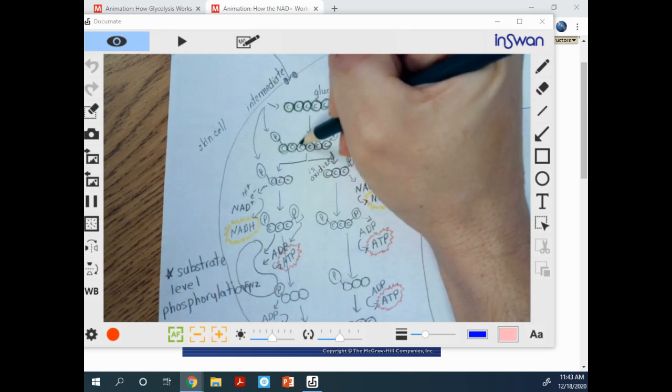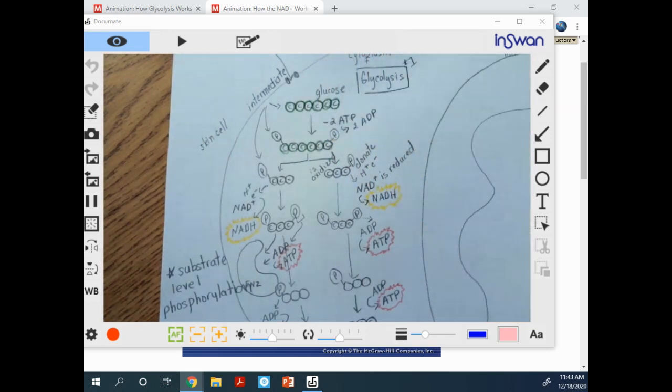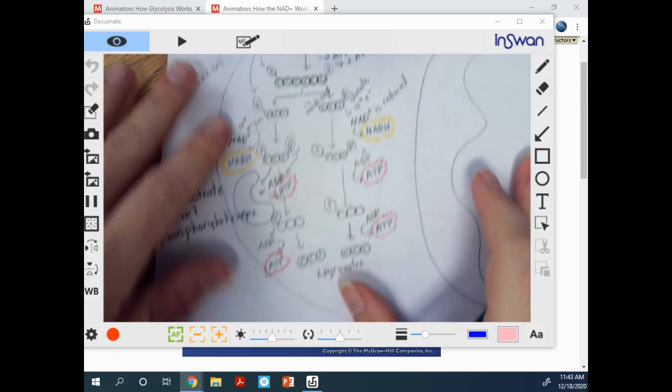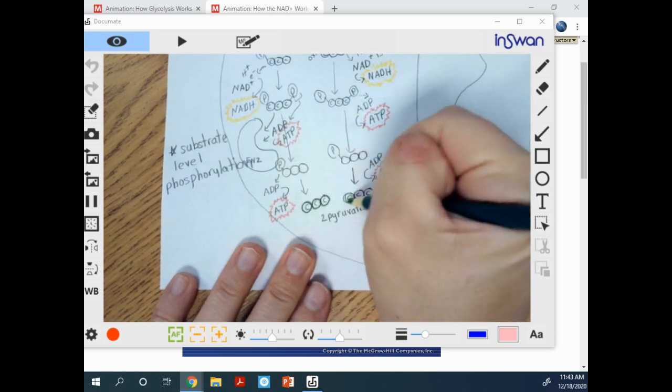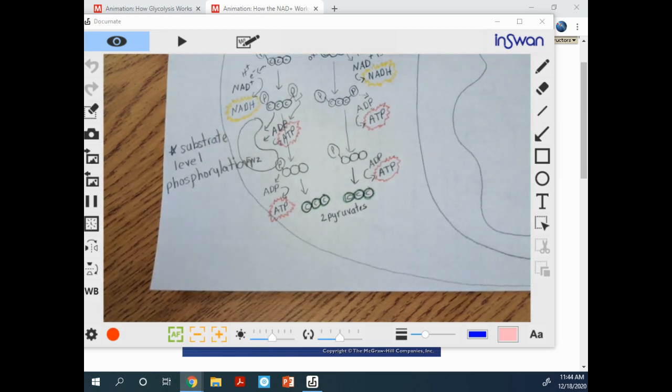The glucose now looks like it's wearing bunny or squiggly, funny, googly ears, whatever. And eventually I still have most of my glucose. It's down here. It's just in pieces now. All right. I feel like I'm missing something. There was something else I was trying to point out here.